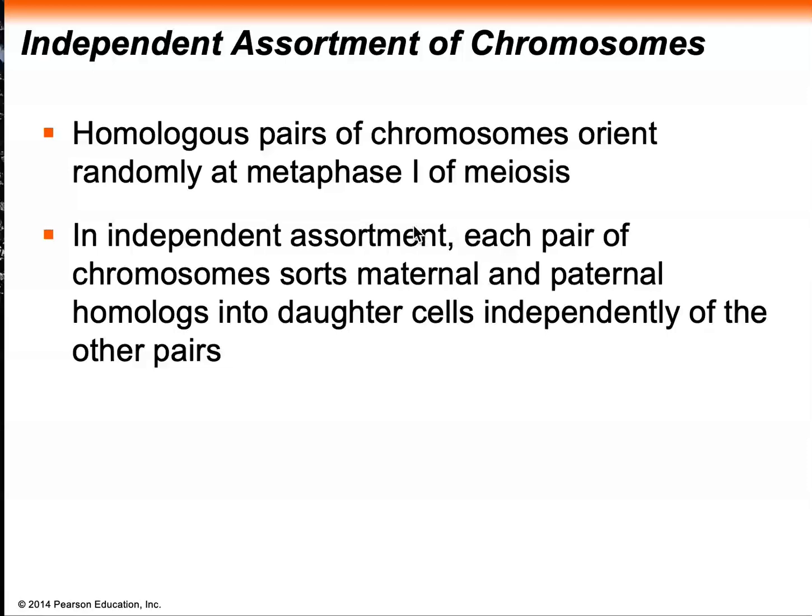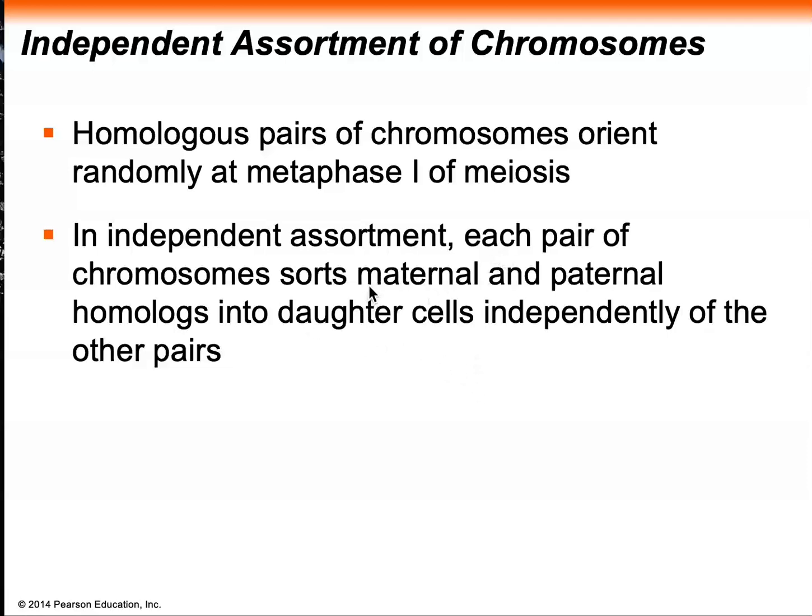So independent assortment has to do with the fact that when those homologous pairs of chromosomes line up next to each other during prophase and then metaphase in meiosis 1, it's more or less random as to which side of the equator they line up on. And it's independent.